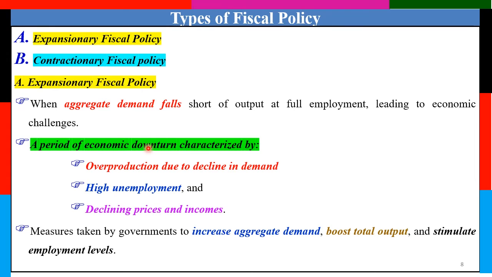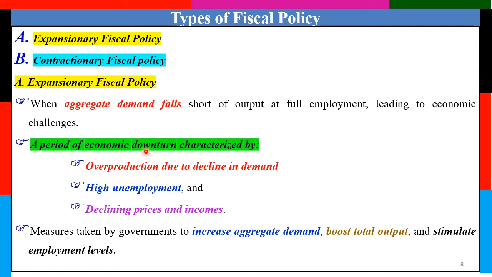Again, when the economy is in a downturn or decline, there is high unemployment because most of the workers are fired from different industries due to the decline in the demand for the product.